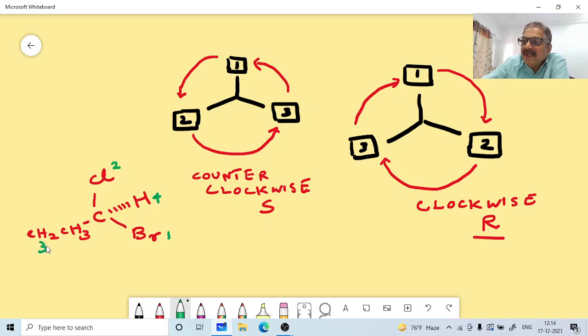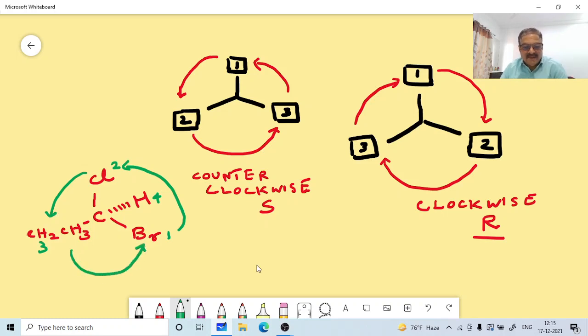So, what will be the nature? If you are tracing the circle 1, 2, 3, okay, if you are doing this, this is 1, 2. This is the way we have to trace the circle here.